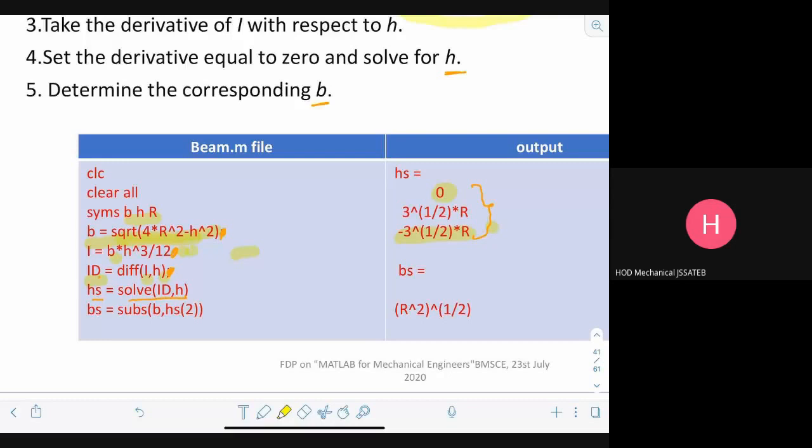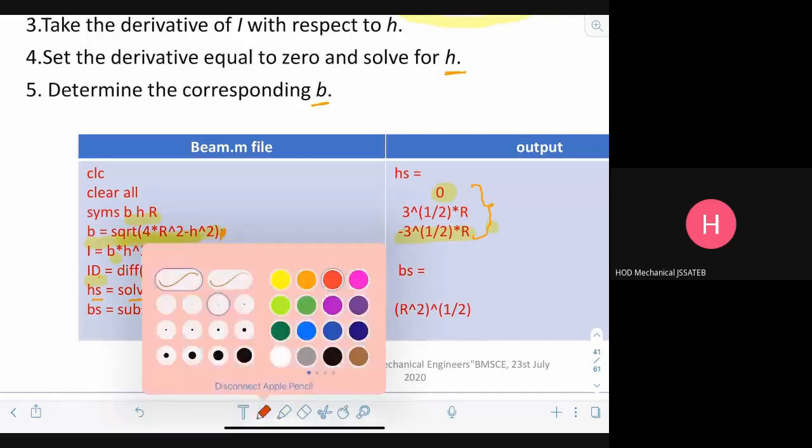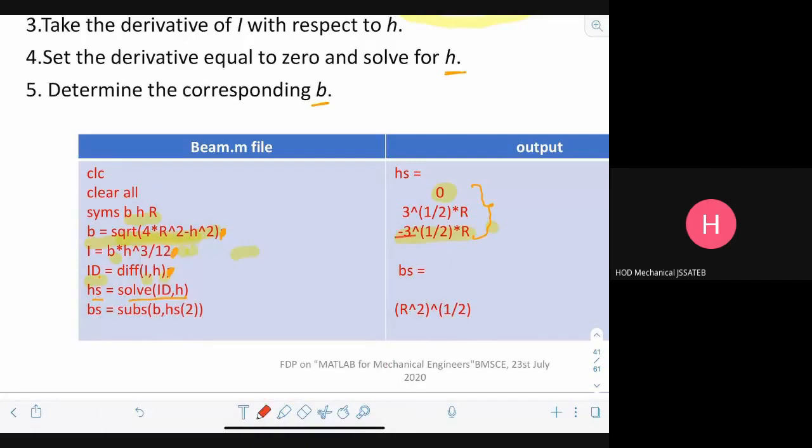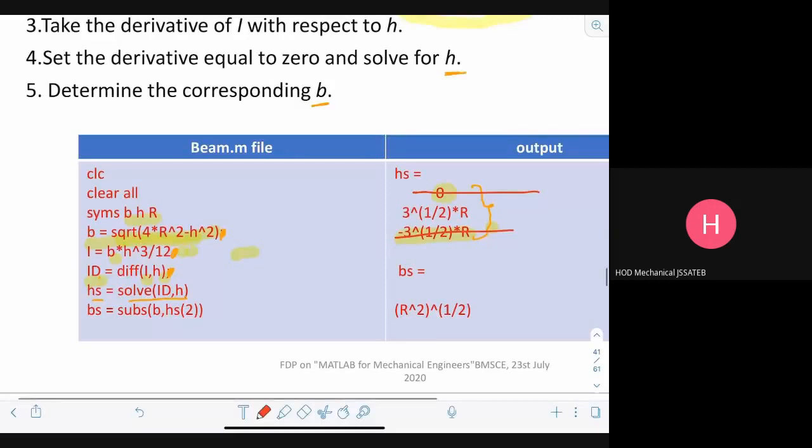Therefore, you filter out this one. So this is removed from the solution. 0 is not the solution; it is a mathematical solution, but not an engineering solution. It is a trivial solution.